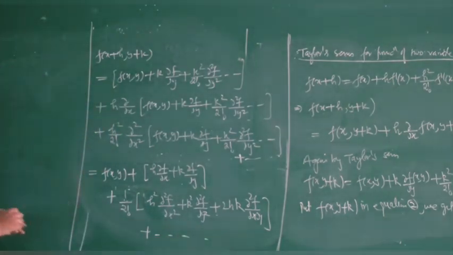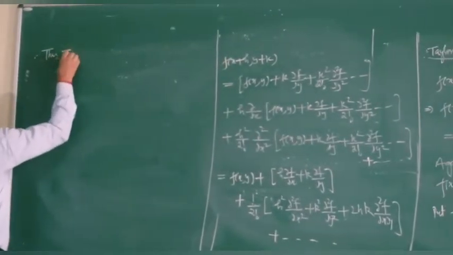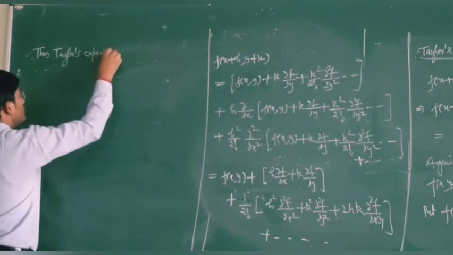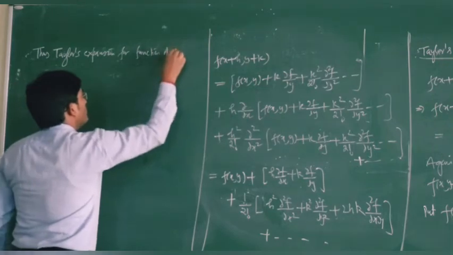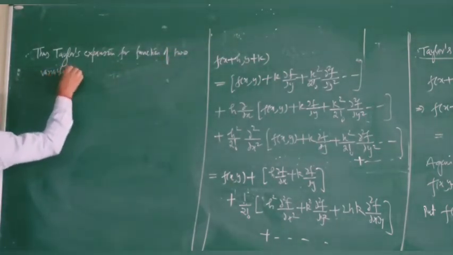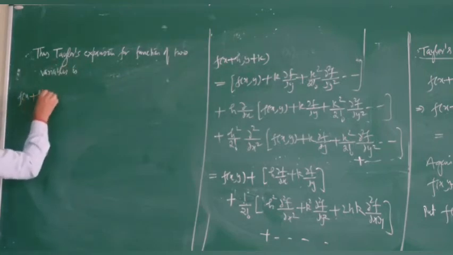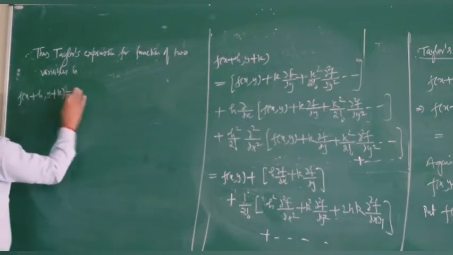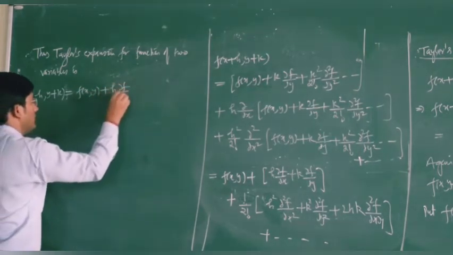So the Taylor expansion for a function of 2 variables is f of x plus h comma y plus k is equal to f of x comma y plus h del f upon del x.